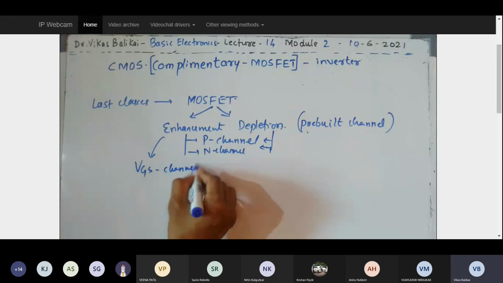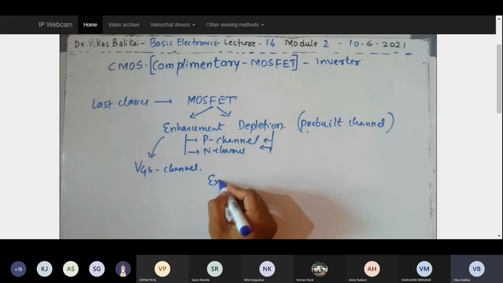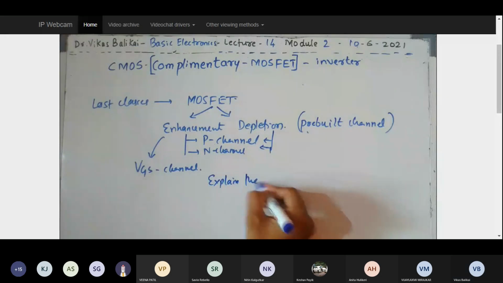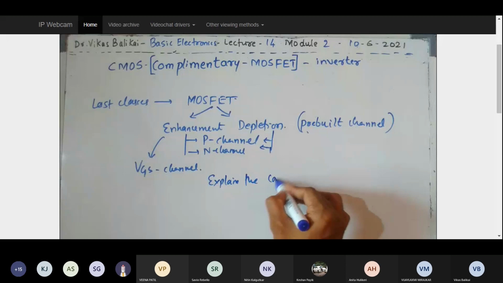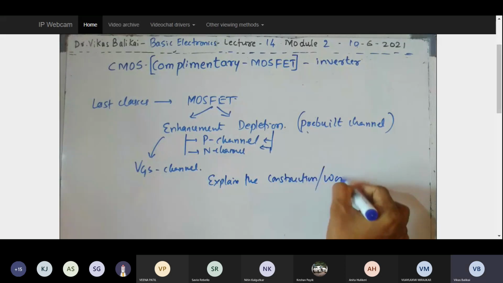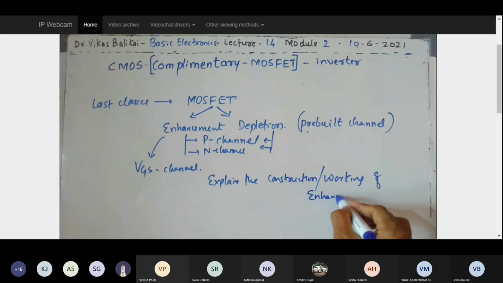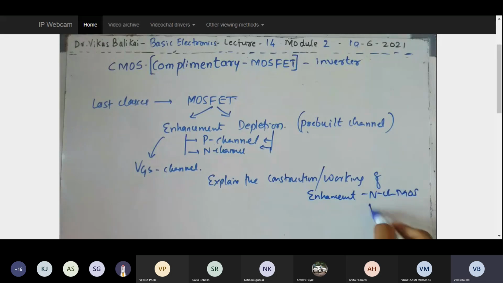So now let me come back to the examination point of view. What questions could you be expecting, and how are you supposed to answer them? There could be a simple, straightforward question: explain the construction and working of an enhancement N channel MOS or P channel MOS, or depletion N channel, depletion P channel.